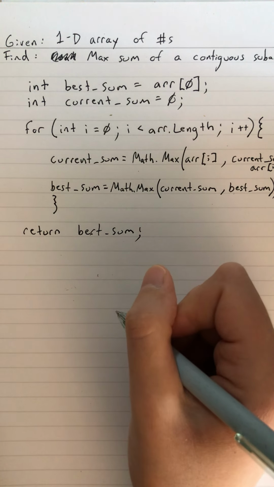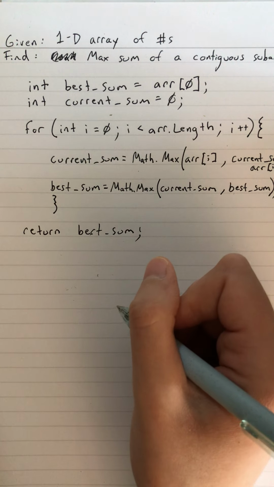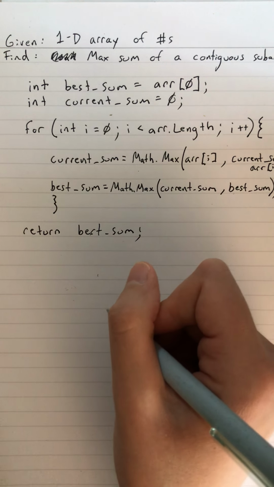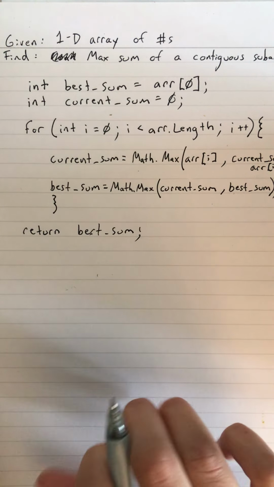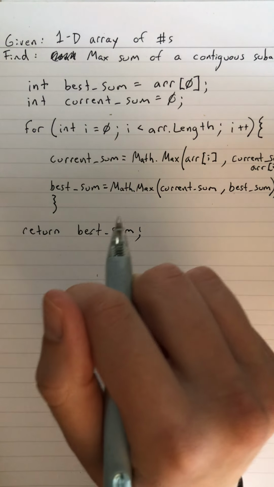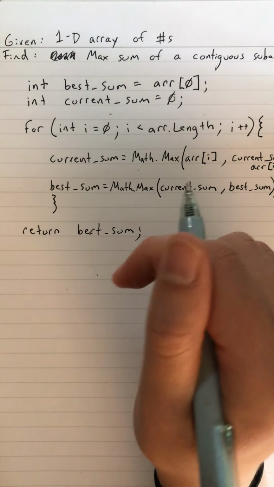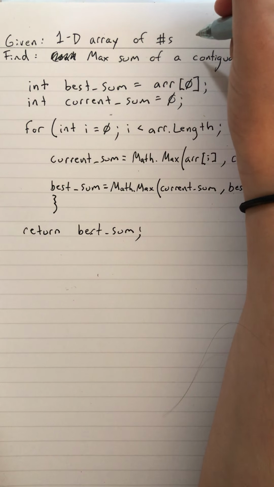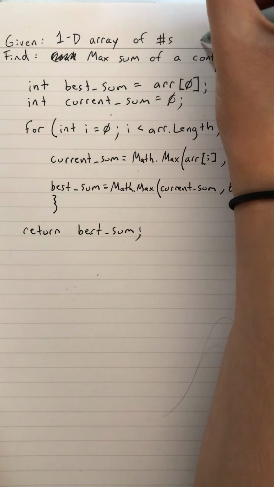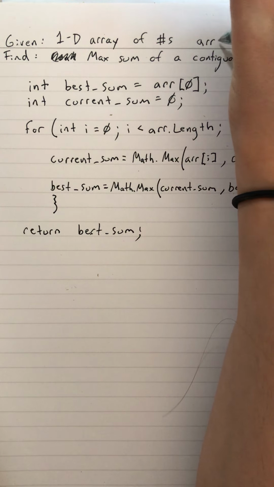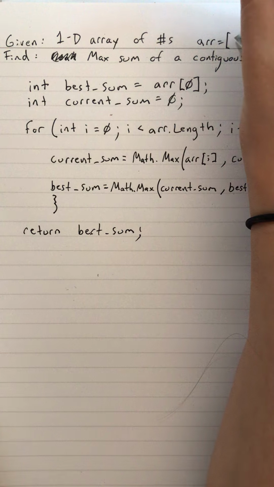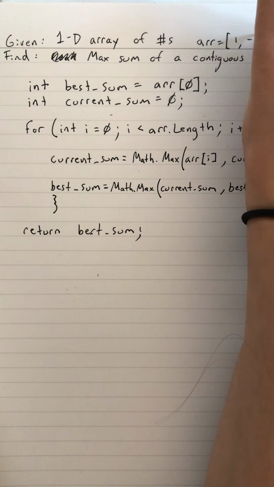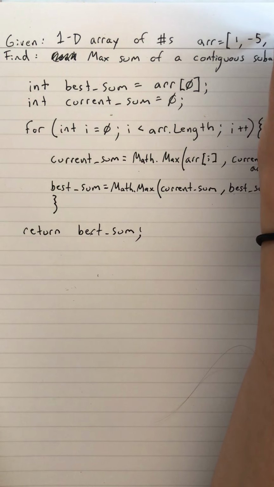Now, let's test how this works and assign it a time complexity and space complexity. So let's get a sample array of numbers going. Let's say, loosely, array equals 1, -5, 2, and 4.